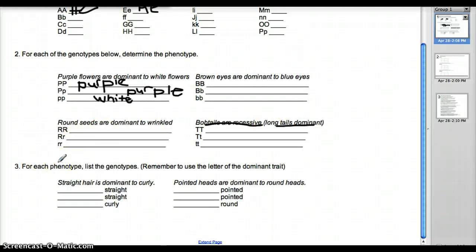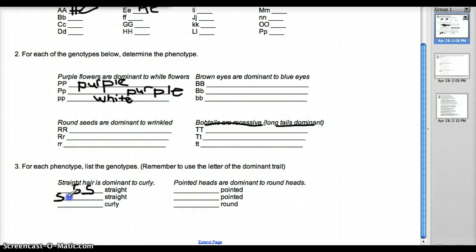Okay, for the last one on this side, it says for each phenotype, list the genotypes. So you're given that straight hair is dominant to curly hair. I don't care what kind of letters you use. I normally take the trait that it's given, so I'm going to use S's. We're going to start with a big S and a big S, because it can be homozygous dominant or it can be heterozygous dominant.